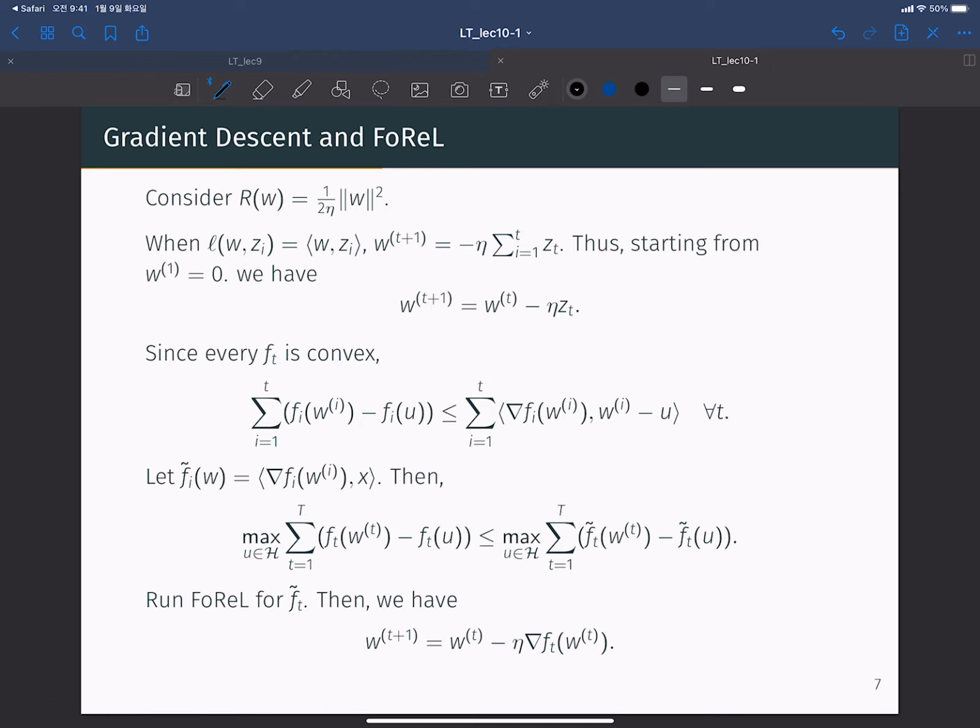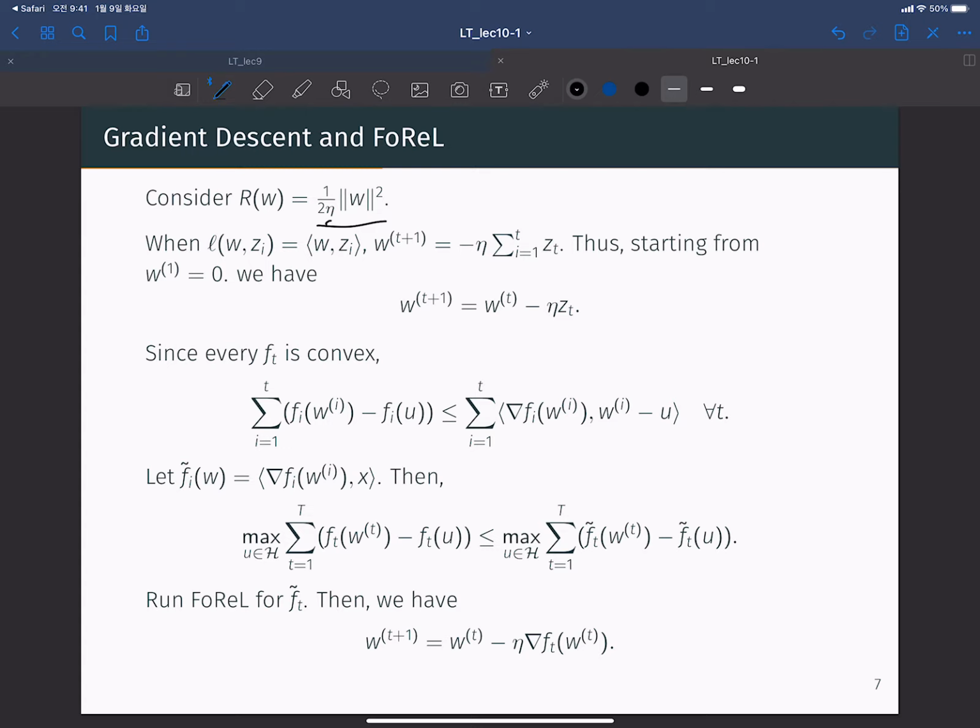So let's see an example with a very simple additional regularization term R(w). Let's consider the L2 regularizer, 1/(2 eta) times the norm of w squared, where eta is kind of a learning rate or step size. That is a very famous regularizer.